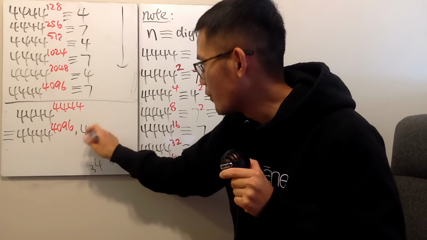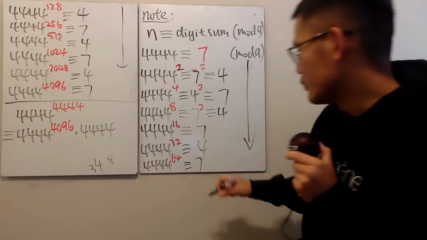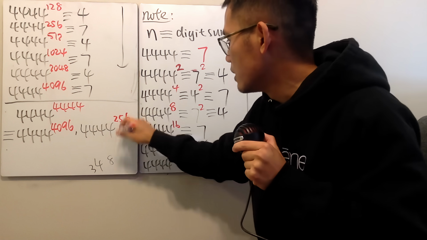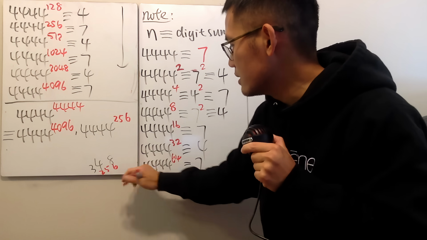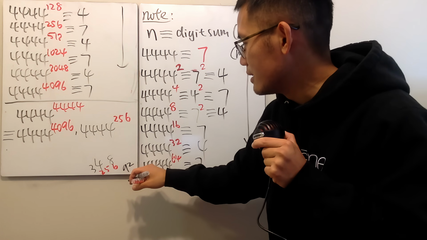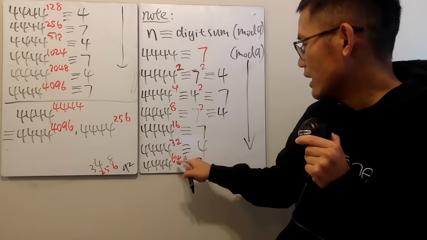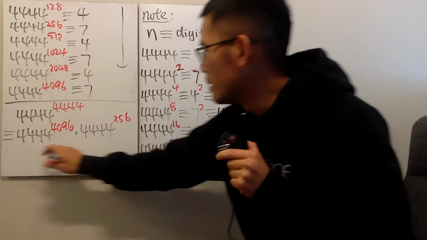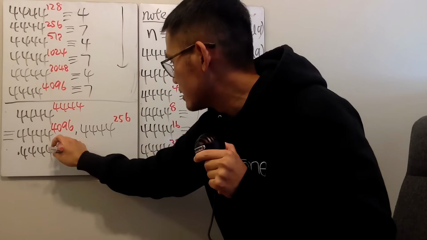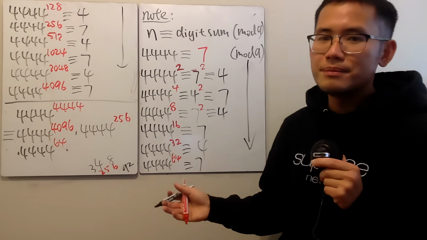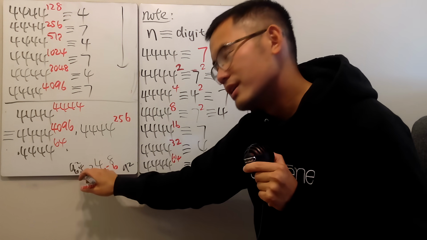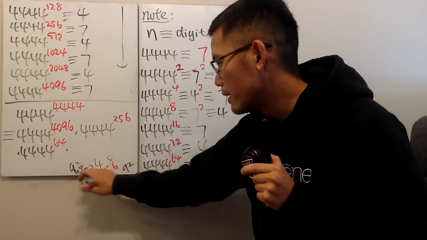So I'll just multiply by 4444^348. I need 256, and then 348 minus 256 is 92. Am I right? Yes. And then of the 92, I need to have 64, so I just need to multiply by 4444^64 times 4444^28, since 92 minus 64 is 28.